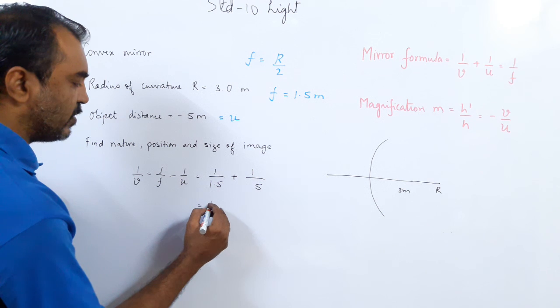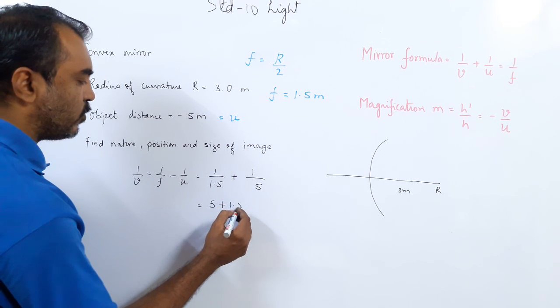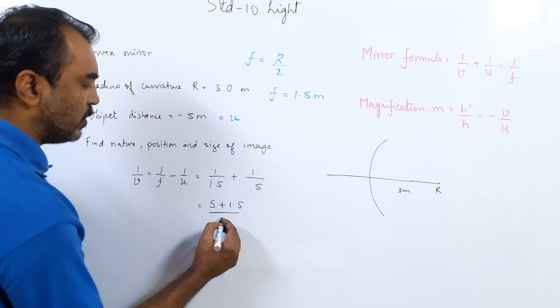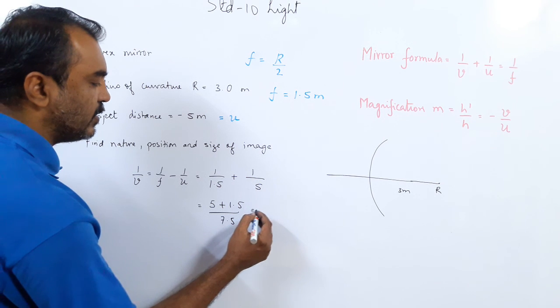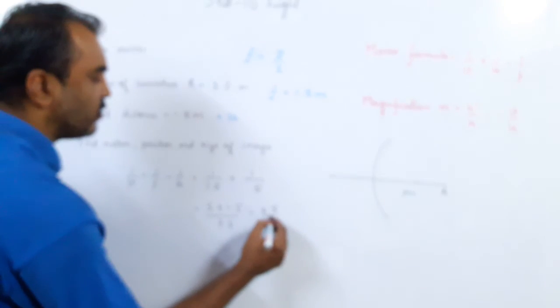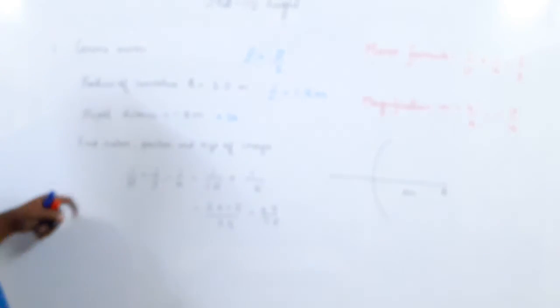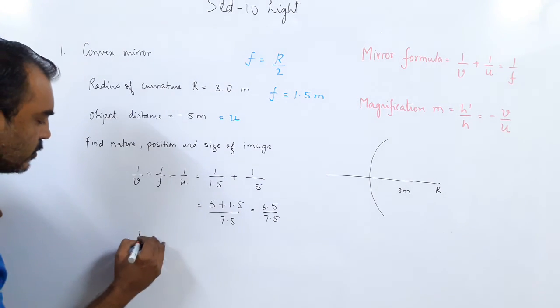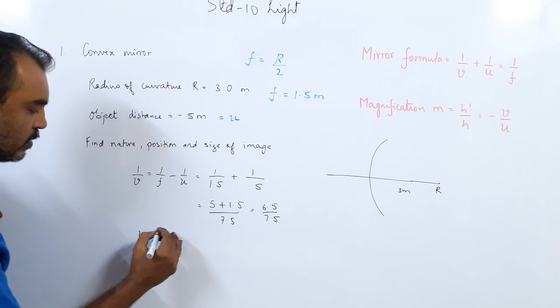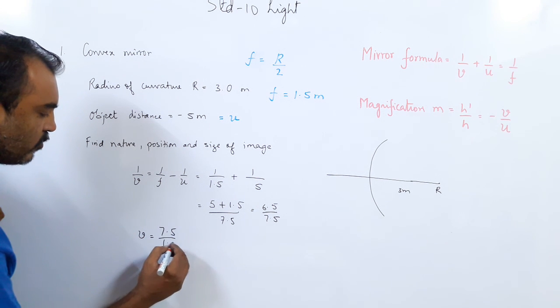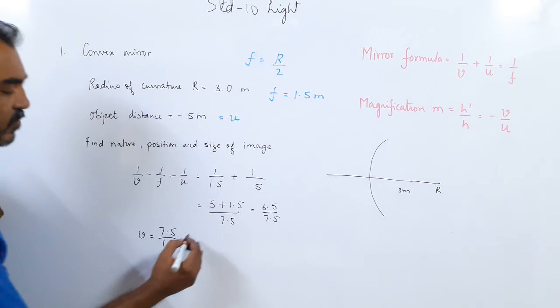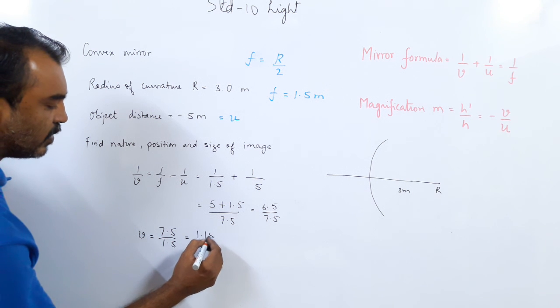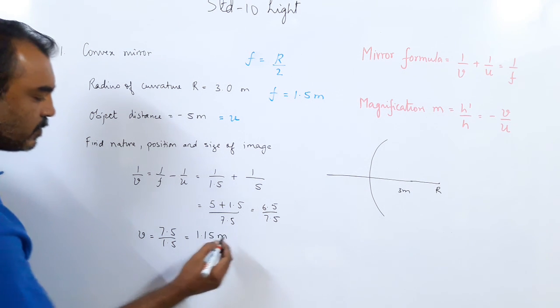Taking the LCM, 5 ones are 5, plus 1.5, and 5 into 1.5 is 7.5, gives us 6.5 upon 7.5. So 1 upon v is 6.5 upon 7.5. So v is equal to the reciprocal, 7.5 upon 6.5, that is equal to 1.15 meter.